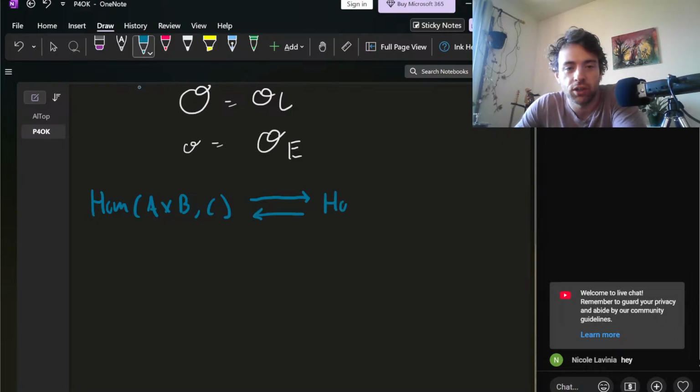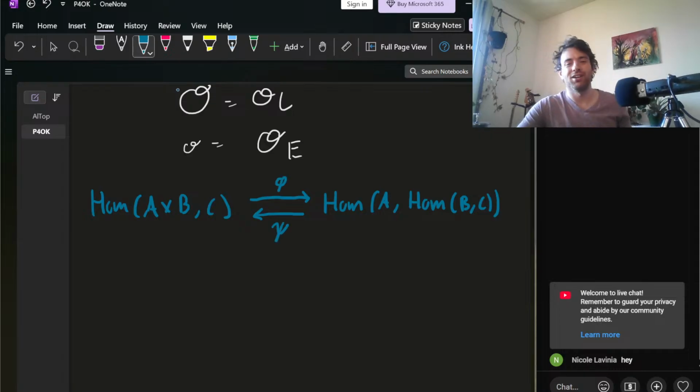One is set functions from the Cartesian product A cross B into C, and set functions from A into the set of functions from B to C. And we're going to do this by explicitly constructing two maps which are inverses to each other, because of course this is the superior way to provide a bijection, as opposed to just proving it's injective and surjective.